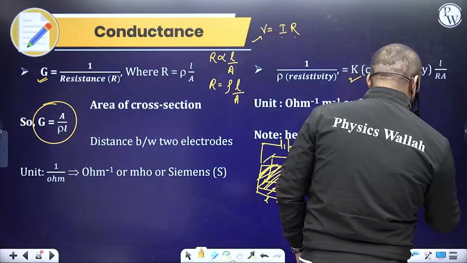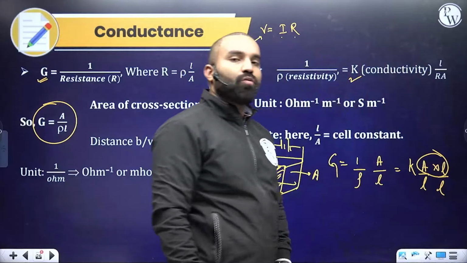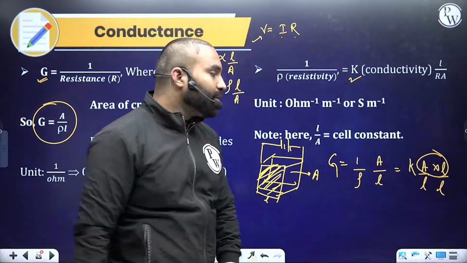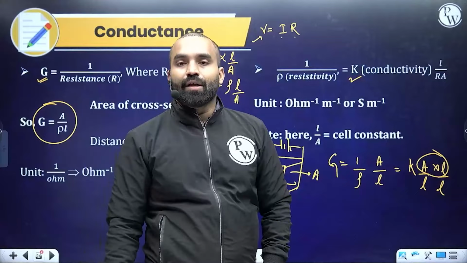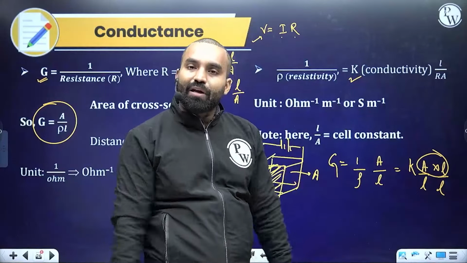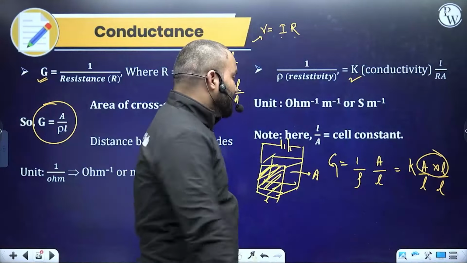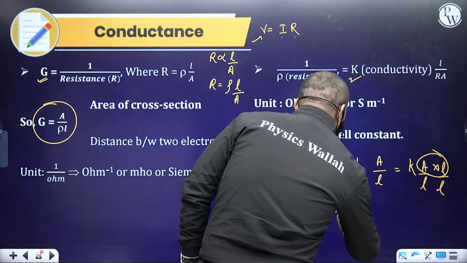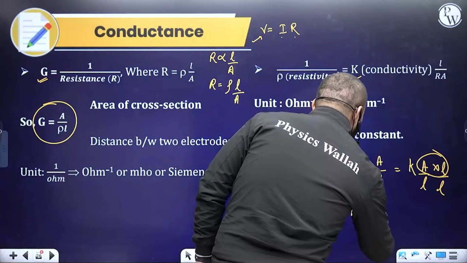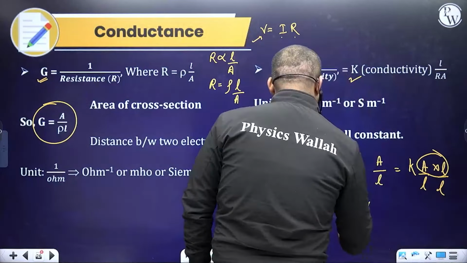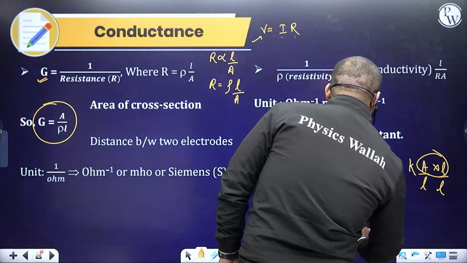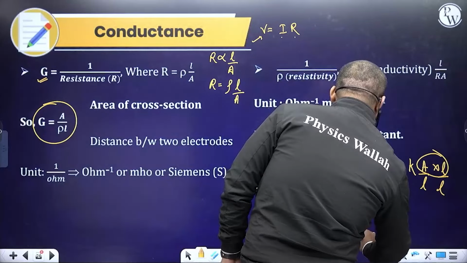Area into length becomes the volume, and at the bottom you have length squared. When I fix the length to be unity, G is equal to kappa into volume divided by L squared.